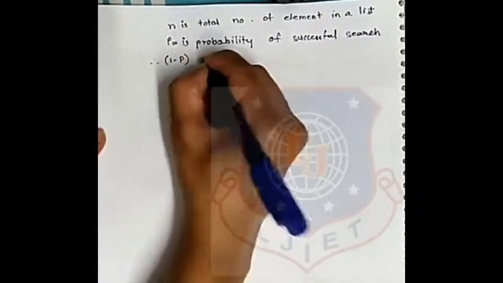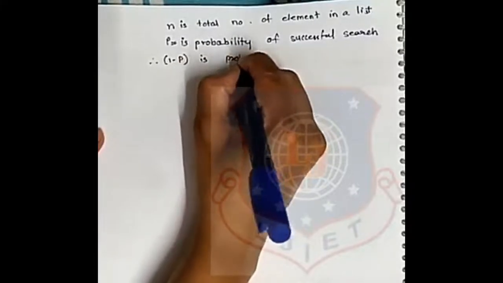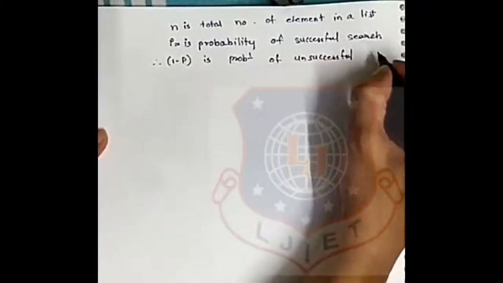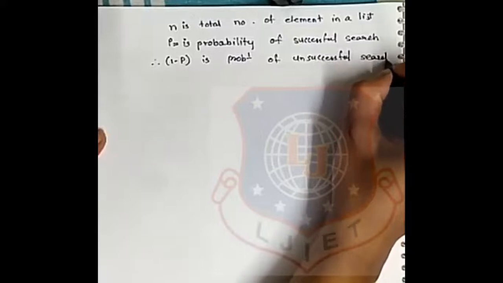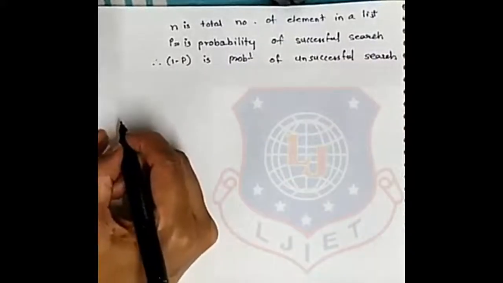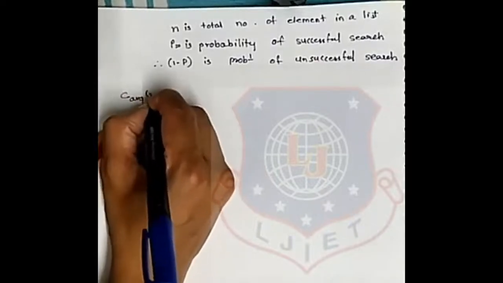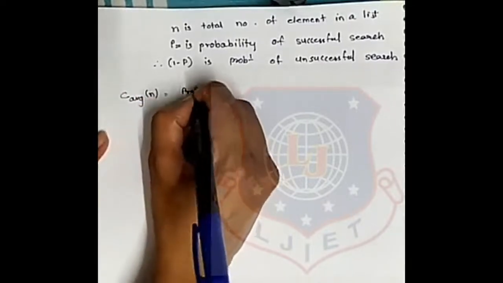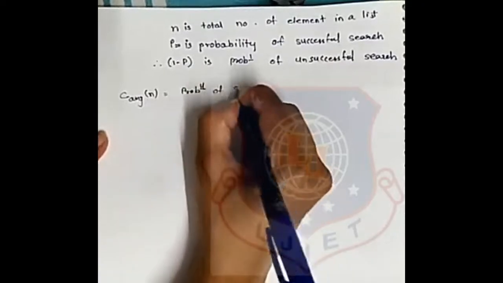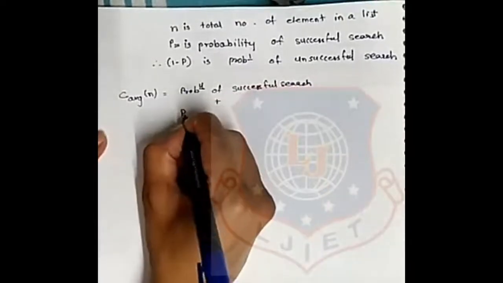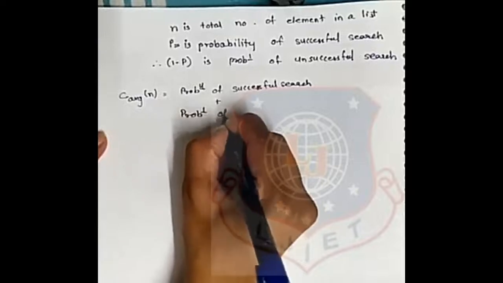Therefore, 1 minus P is the probability of getting an unsuccessful search. Average complexity over n elements is the probability of successful search plus the probability of unsuccessful search.